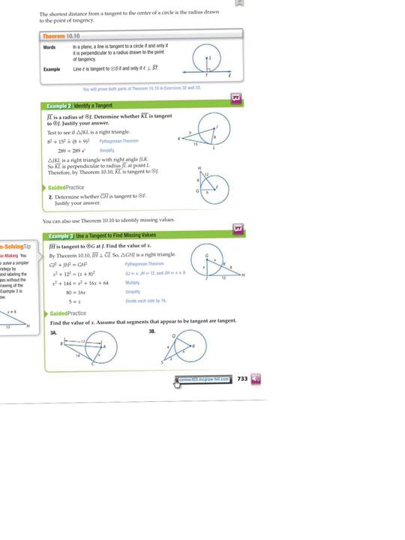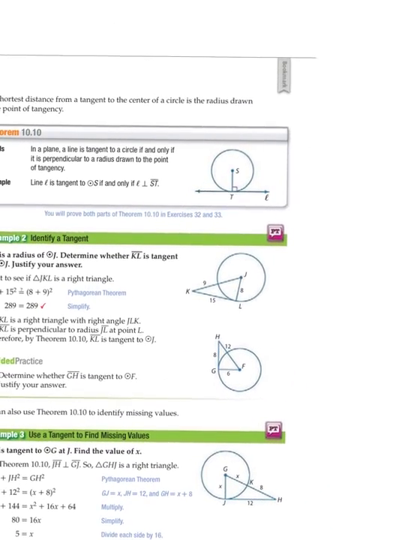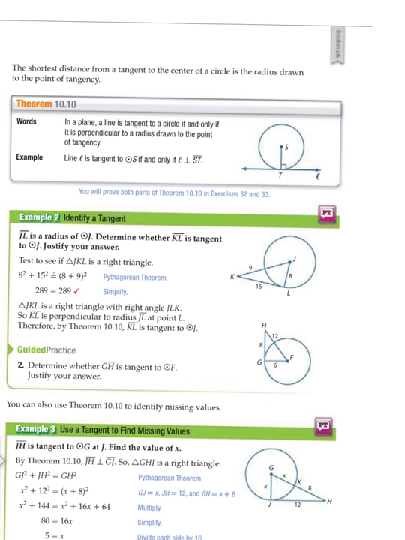All right, the first rule today we mentioned early in the chapter, and I want to re-emphasize it as well. Theorem 10.10 tells us that in a plane, a line, and in this case our line is L, is tangent to a circle, that's circle S, if and only if, now remember the abbreviation there, IFF, it's perpendicular to the radius drawn to the point of tangency, that's point T. Okay?